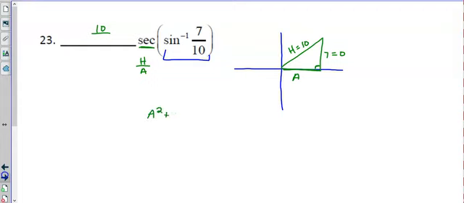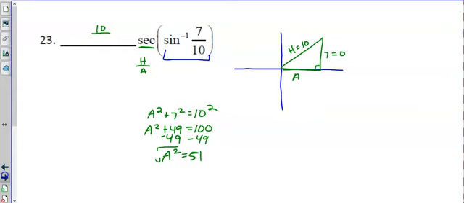So A squared plus 7 squared equals 10 squared. And A ends up being the square root of 51.